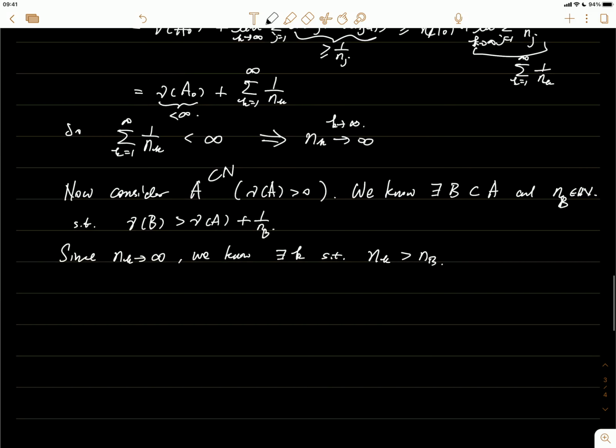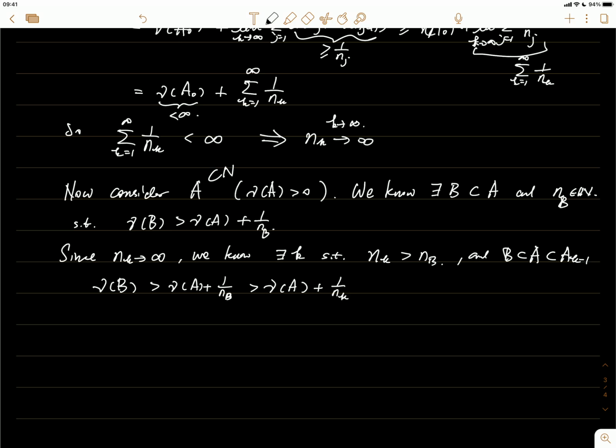And then we have that B is a subset of A, and it's a subset of AK minus 1, such that the measure of B is bigger than the measure of A plus 1 over nB, and is bigger than, because nK is bigger than nB, A plus 1 over nK.